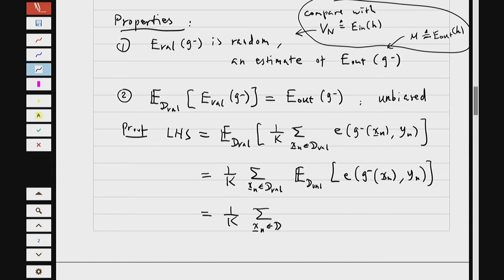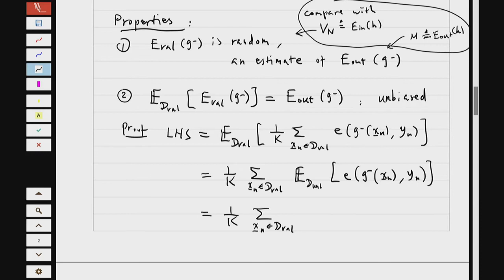Now comes the important part. If you look at this xn, it's very important to note that this g minus does not depend on D val itself. g minus is obtained from the training data set, so it is independent of the validation data set. That's very important, so that we can treat g minus as just a constant function applied on this random xn. Otherwise, we will not be able to do this next step.